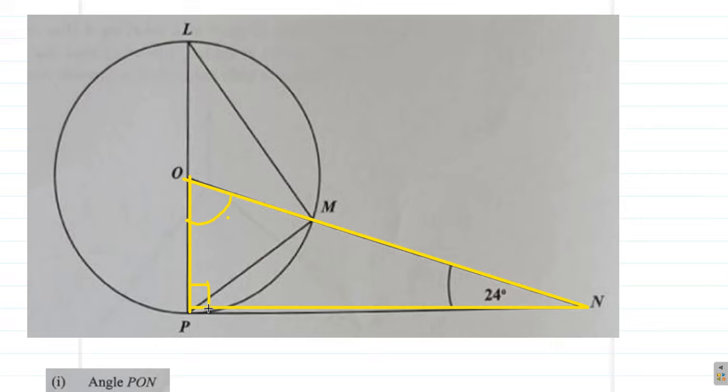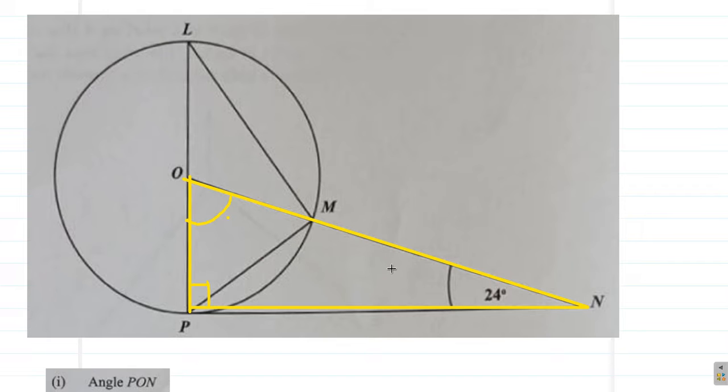You say in triangle PON, angle OPN is a right angle because it is the angle between the diameter and the tangent to the circle, where the diameter meets the tangent at P. So it's not an assumption, you know exactly what you're talking about and you show it.